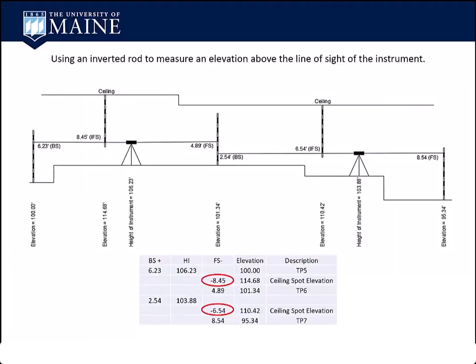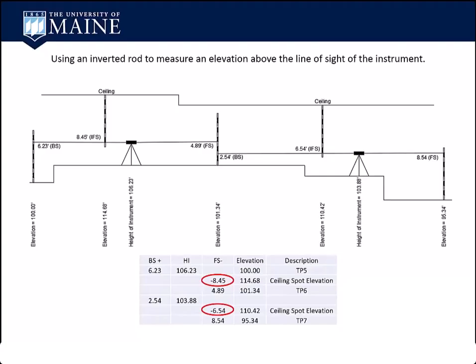Sometimes you need to establish the elevation of the ceiling. You could be in a tunnel, and they want to know what the elevation of that ceiling is. So you invert the rod and put it on the ceiling, and you read it directly in the instrument. It's going to be upside down, so you just have to be careful that you're reading it correctly.